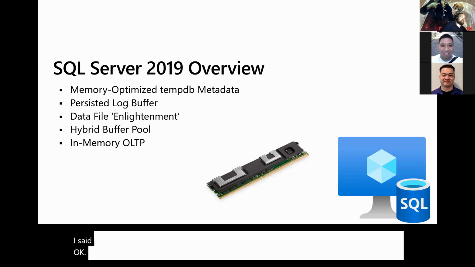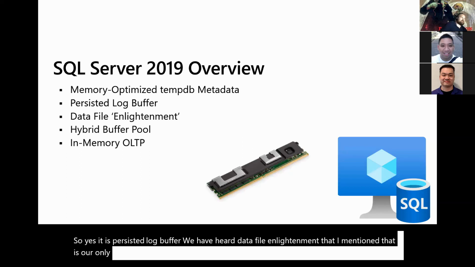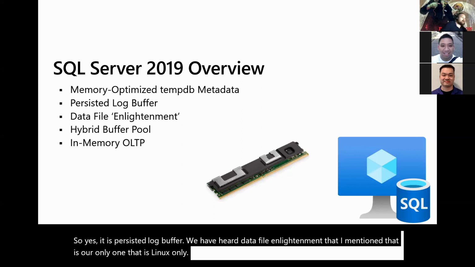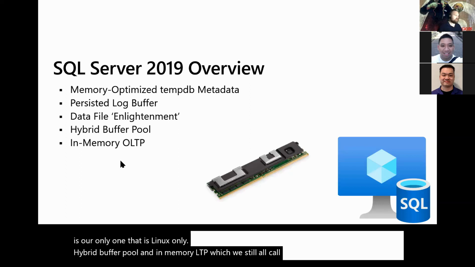So that's persisted log buffer. We have our data file enlightenment that I mentioned. That is our only one that is Linux only. Hybrid buffer pool and in-memory OLTP, which we still all call Hekaton, because in-memory OLTP is quite the mouthful.